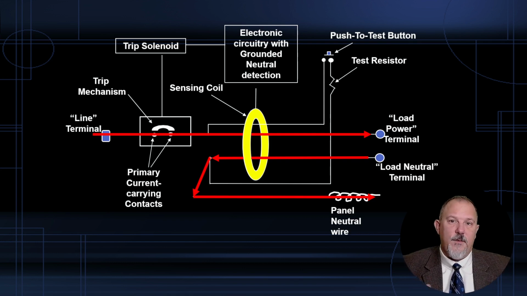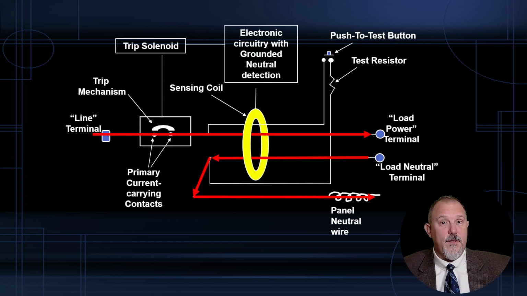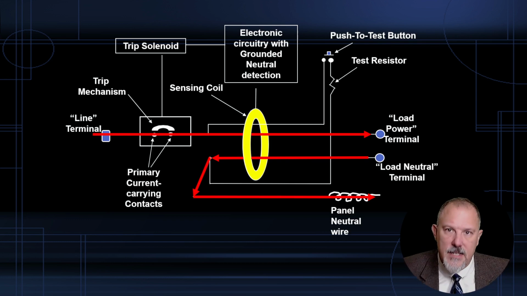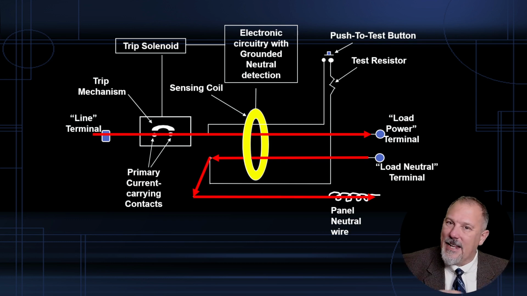But if it's less than 4 to 6 milliamps, I hold those contacts closed and I let it deliver power. That's basically how it functions and operates. So you have a tolerance of 4 to 6 milliamps. If you have any inductive or capacitive leakage currents and things like that, they give you 4 to 6 milliamps. That's it. Anything greater than that is going to open this circuit.